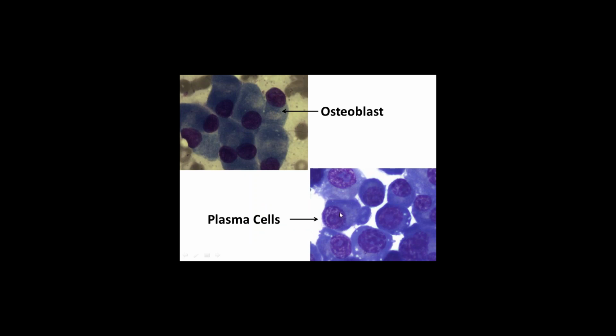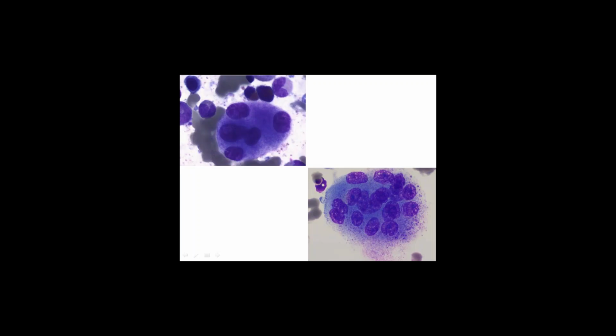In a plasma cell, we have an eccentric nucleus with a hof. The osteoblasts are generally seen in clusters. Another cell that we generally see is an osteoclast. They are multinucleated cells and have to be differentiated from megakaryocytes. As mentioned, megakaryocytes show multilobulation, not multinucleation.